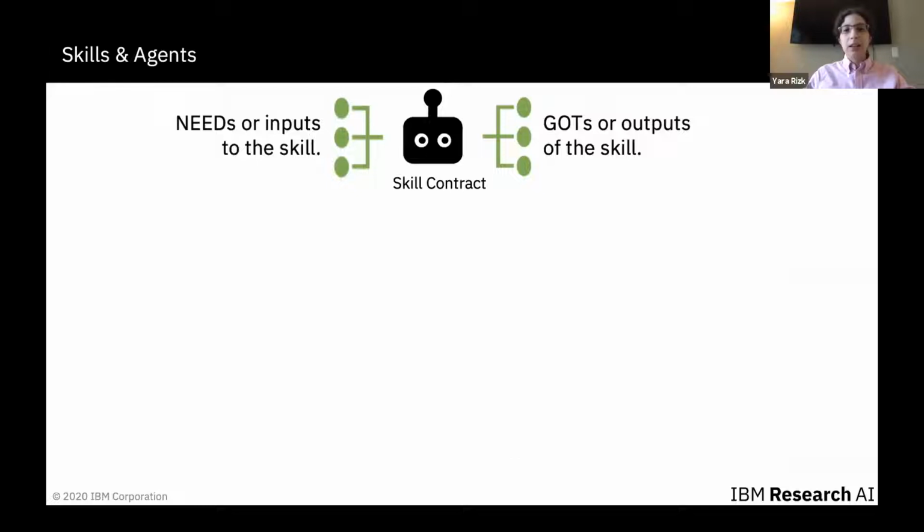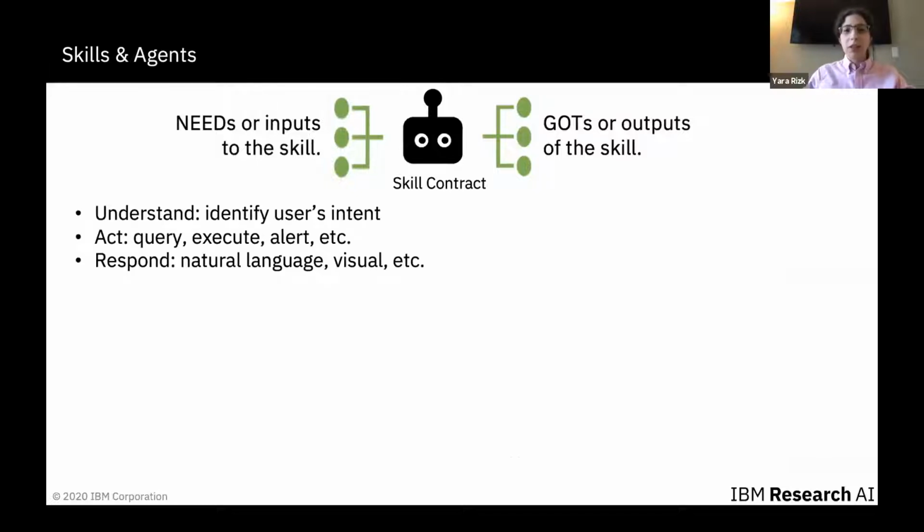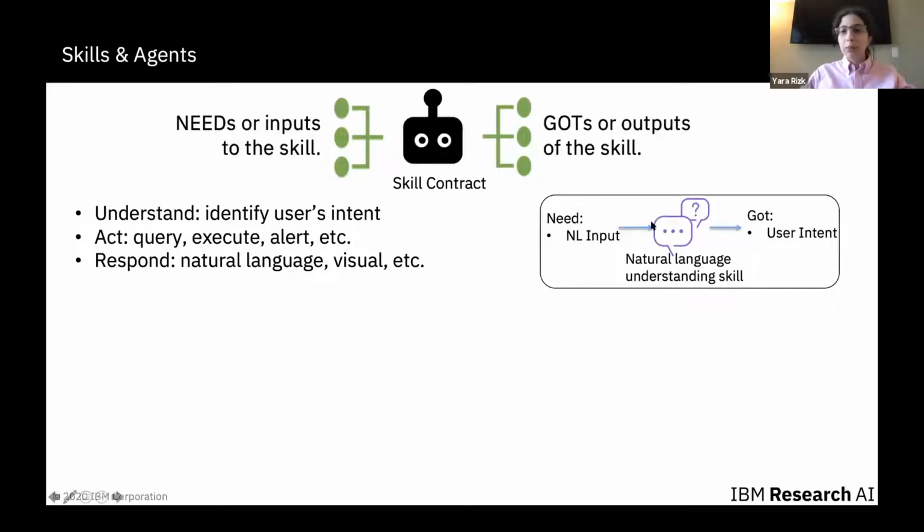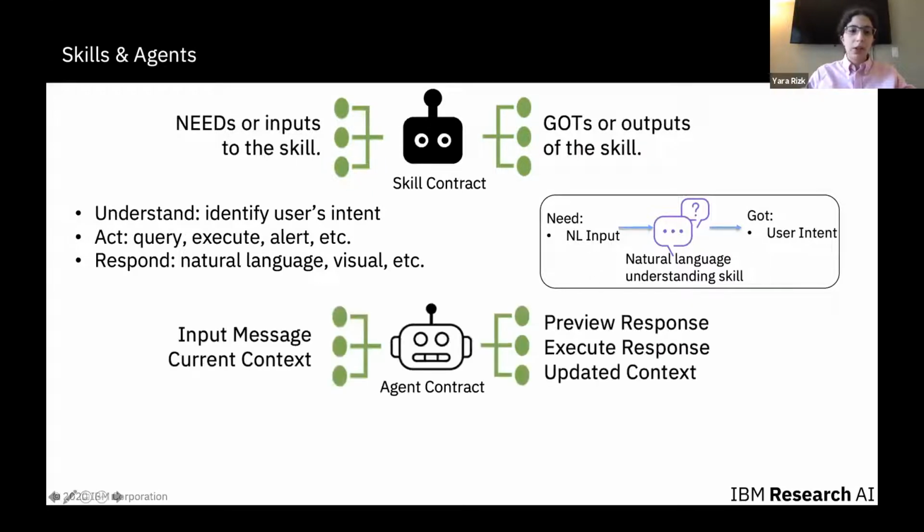And this skill has a certain contract that is relatively loose, but also can be categorized into one of 3 main types of skills that we define, which are understand, which basically means identifying a user's intent, act, which means performing an action like querying a database, for example, and then responding to the user in some human consumable way, such as natural language. And so one example of a skill is simply a natural language understanding skill that takes in a natural language input and returns the intent of the user.